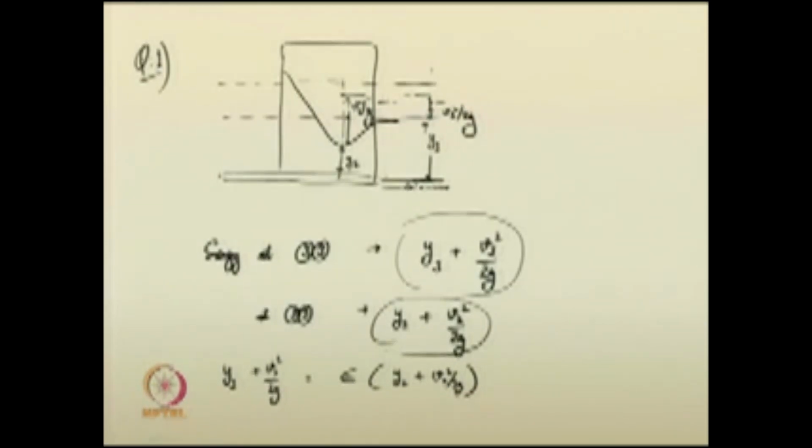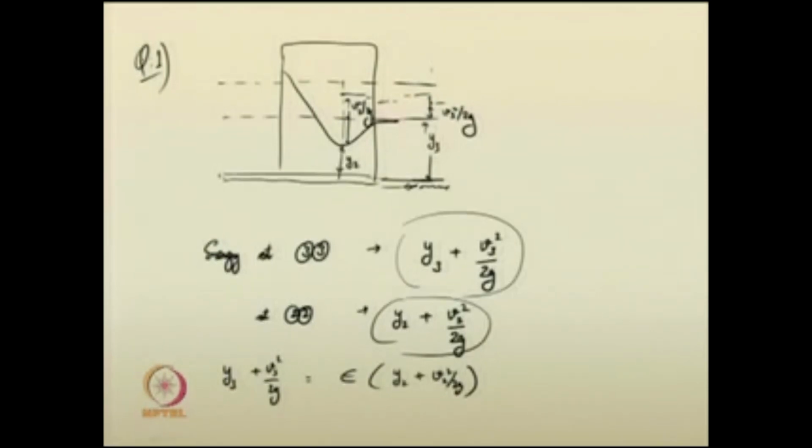If the flow has to occur from section 2.2 to section 3.3, definitely at section 2.2 the energy has to be more, the total hydraulic head has to be more, right. So, we consider here now the energy at section 3.3 is some fraction of energy at section 2.2. So, epsilon can never be greater than 1. So, the maximum possibility is that there will not be any energy loss. So, epsilon is equal to 1.